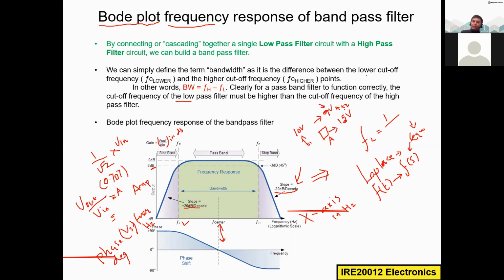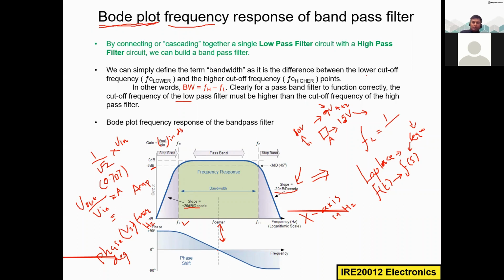That's why we have some mathematical transformations, like the Fourier transform and the Laplace transform. These transforms help us analyze signals not only with respect to time, but also with respect to frequency. Because whenever we apply this 10 volt, the frequency can also get changed at the output. So that's why we are going to the Bode plot.